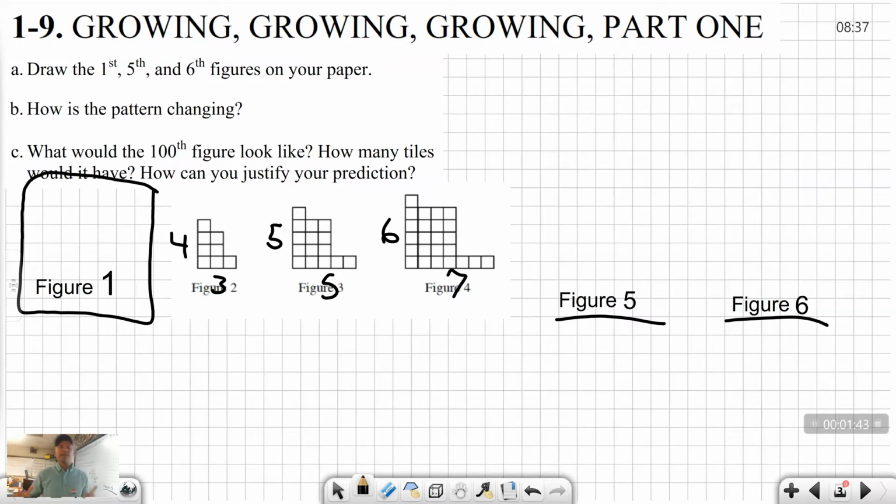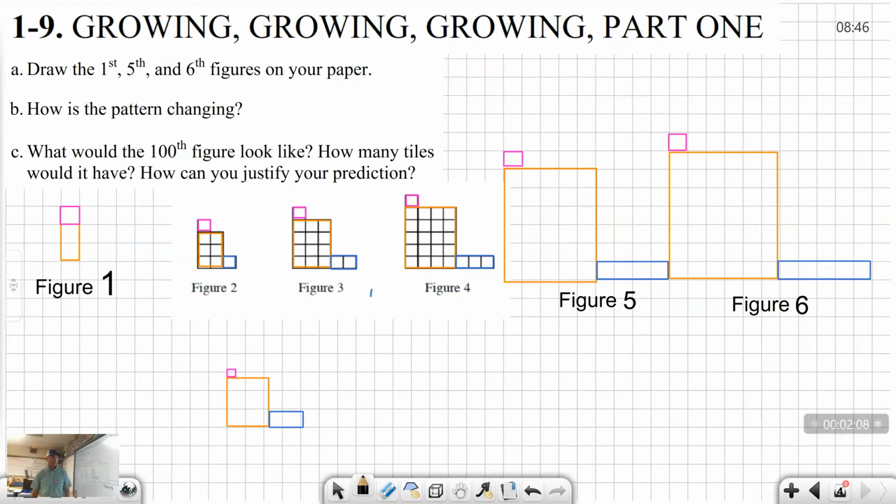Go ahead and take a minute, pause the video, while you copy this down and figure out how to draw figure 1, 5, and 6. All of you should have figure 1, 2, 3, 4, 5, and 6 drawn on your paper, and it should look something like this.